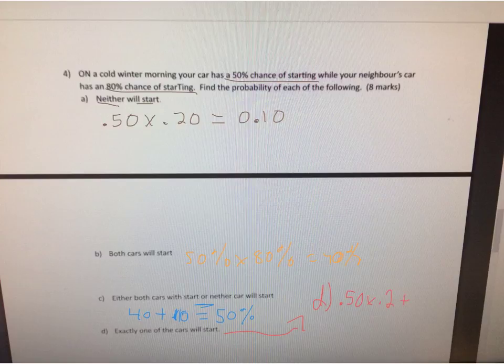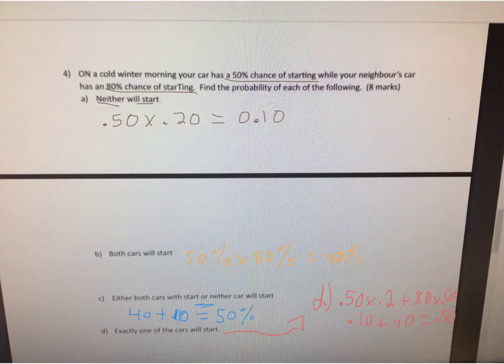Plus, let's switch that around. The probability that car B starts and car A doesn't. And so if we want exactly one of the cars starting, then we end up with 0.10 plus 0.40, which means that we have a 50% chance that exactly just one of the cars will start.